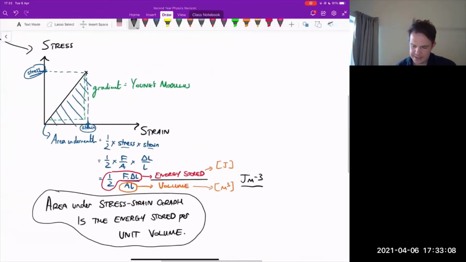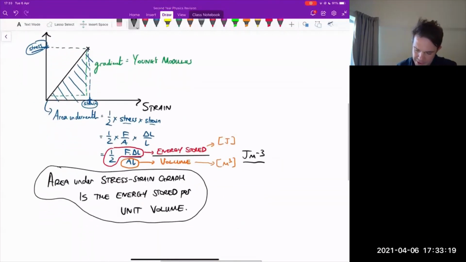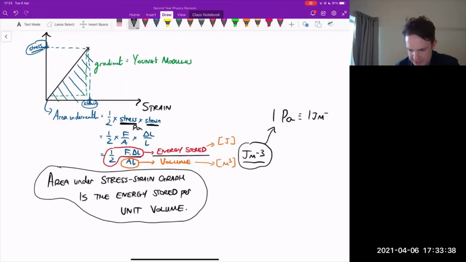Interestingly, and this is just something to notice, if the area underneath has a unit, or I've shown that it has a unit of joules per meter cubed, that also shows you that the unit of stress, because stress has a unit of pascals and strain has no unit, that also means that a pascal is equivalent to a joule per meter cubed.